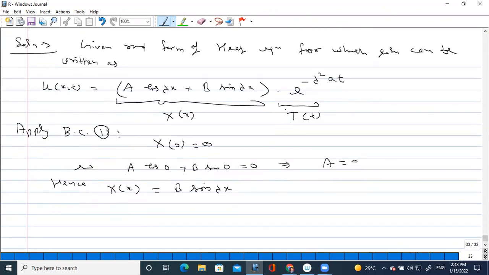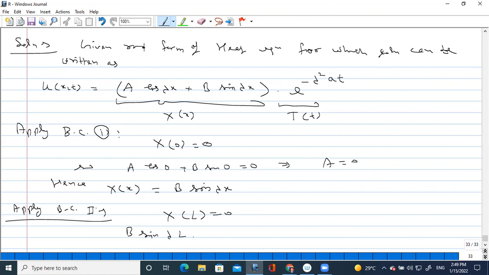Now you can apply the second boundary condition. What is that? X(L) equal to 0. So in this X(x) you put x equal to L, so it will become b sin lambda L, because a is already 0. So that term I will not take. Only this much I will take.